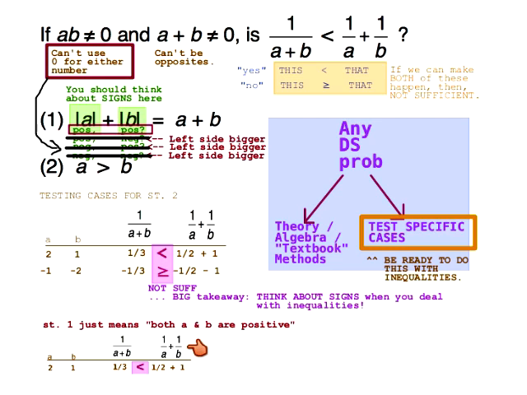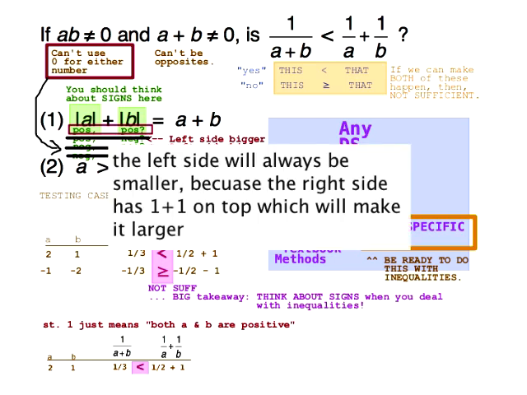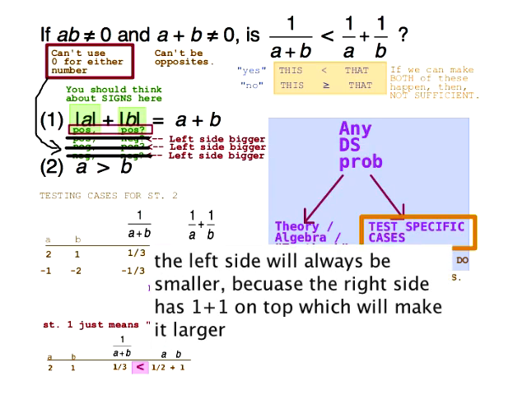You can try to make that into A plus B over AB, but I don't know what that would do for you. The right-hand side has 1 plus 1 on top. I don't know where you're going with that, Kyle. You can't just look at the numbers on the tops of the fractions.